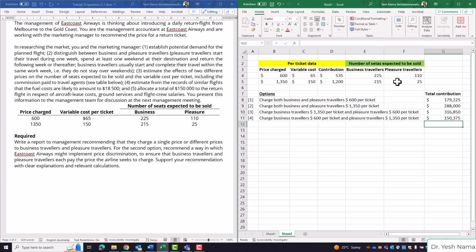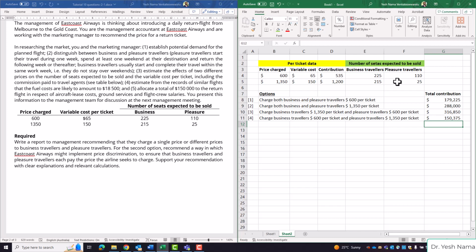The reason we see that the business travelers do not decrease substantially as compared to the pleasure travelers when the price increases from $600 to $1,350 per ticket is that there may be many business travelers who may not be paying on their own. Their employers may be paying for it, and even if they're running their own business, if they have to travel for business, there may be good reasons for them to pay for it because they may not be traveling unless it's absolutely necessary for business needs.